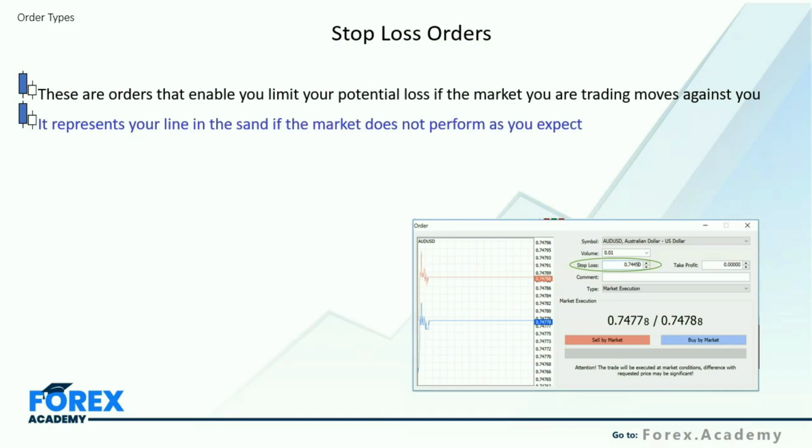It's a phrase we keep using, but you are literally drawing that line in the sand if the market does not perform as you expect. So it's literally saying, right, I'm going to sell this market at 74.77. If the market pulls back to 74.97, a 20 pip stop loss, then under those circumstances, I would prefer to be out of this particular trade.